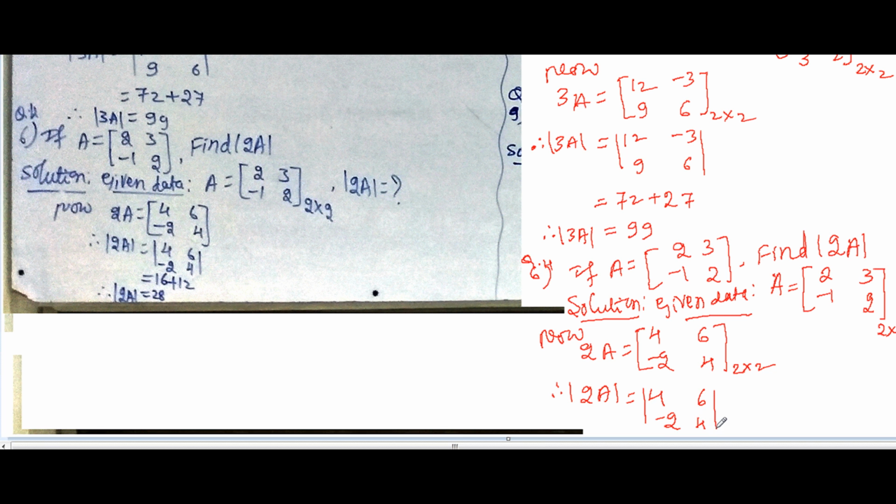Multiply along this diagonal, 4 into 4 that is 16, next minus 2 into 6 is minus 12, minus minus is plus 12. So 16 plus 12 is 28. So the determinant of 2A is 28.